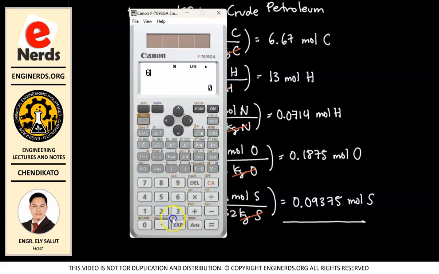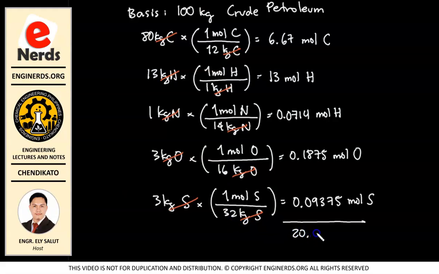We have 6.67 plus 13 plus 0.0714 plus 0.1875 plus 0.09375, which is equal to 20.02265. That's the total number of moles.